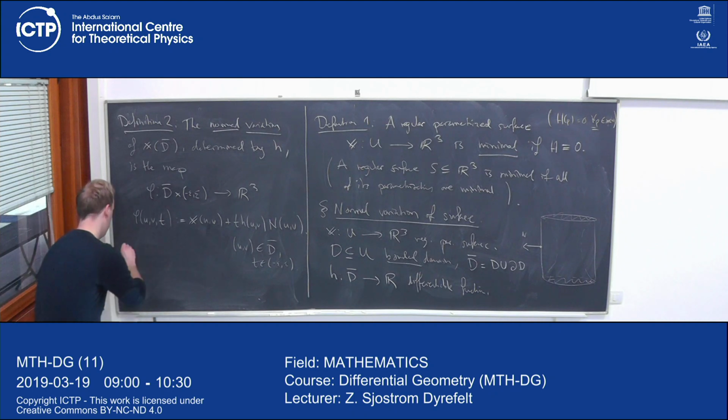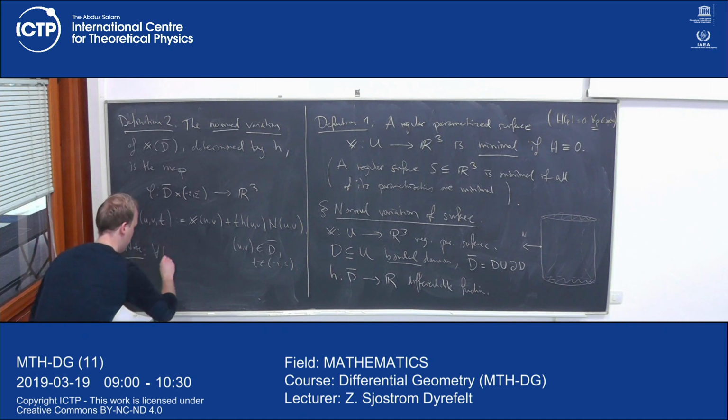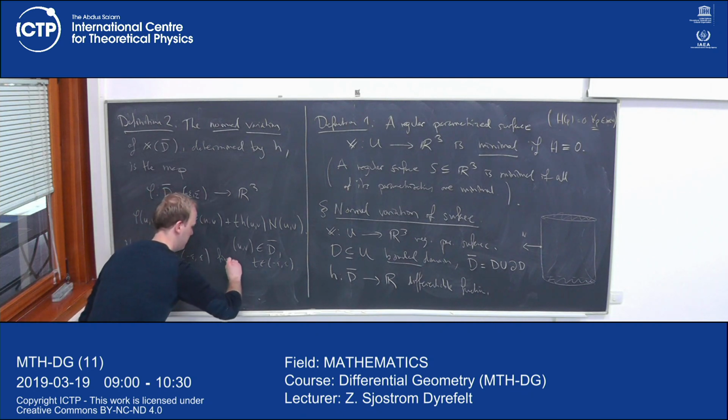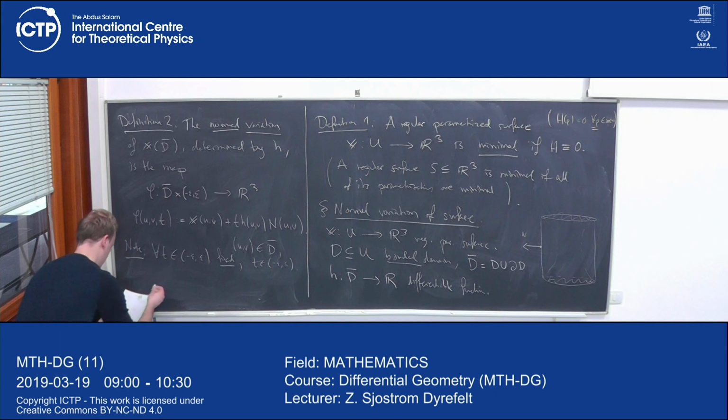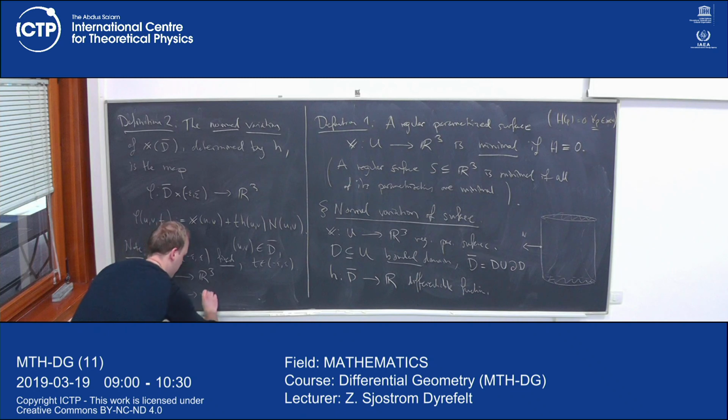Okay, and so note that for each fixed t in minus epsilon, epsilon, you can consider x_t from D to R3, defined by the terms (u,v) to x_t of phi of (u,v).